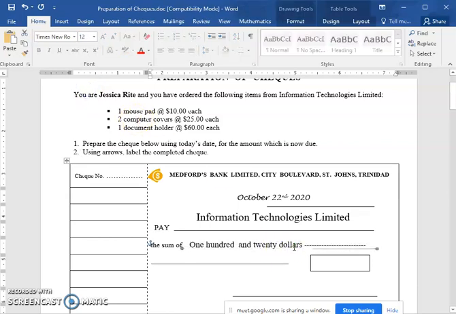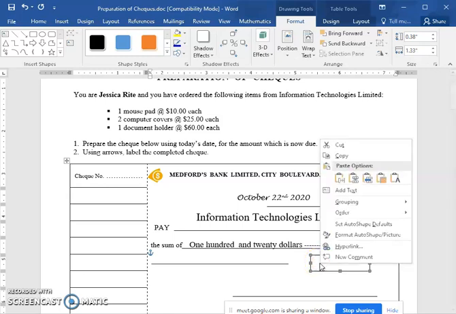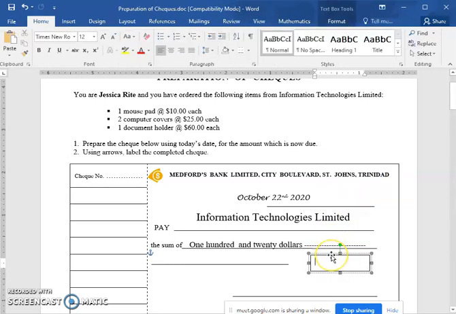Okay, and what goes into this box here, Aisha? In digits or figures, you are correct. So let's just add that. $120. Right, $120 in digits or numbers.